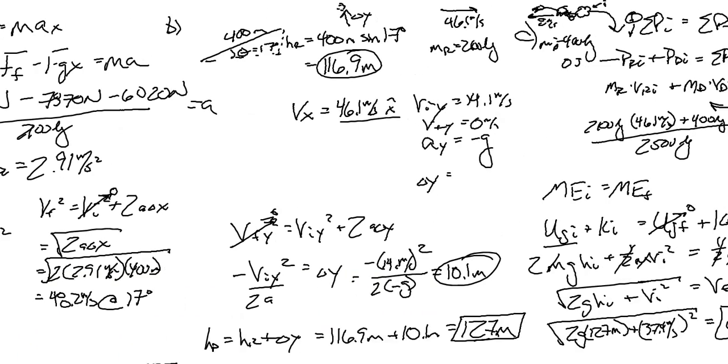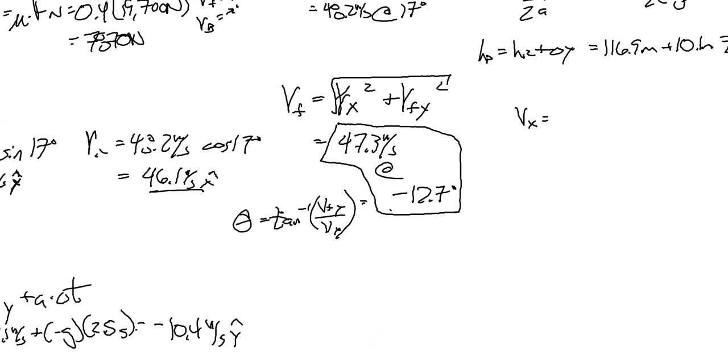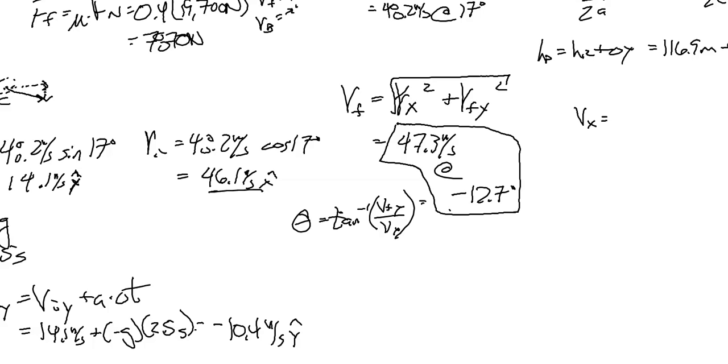So I'm going to come over here and scroll down. Now I'm going to remind you of some stuff that we found out in part A. The velocity in the x, once it leaves the ramp, is that 46.1 that you see there, 46.1 meters per second x hat.